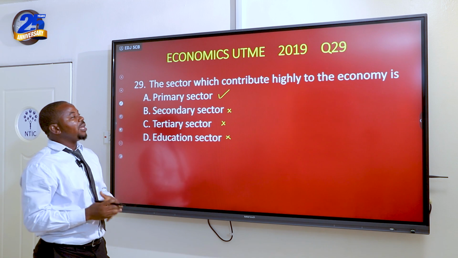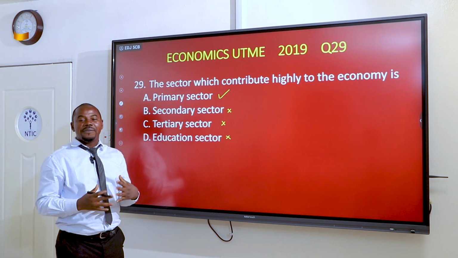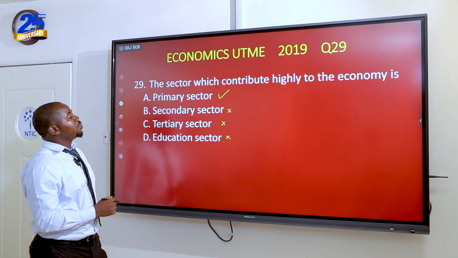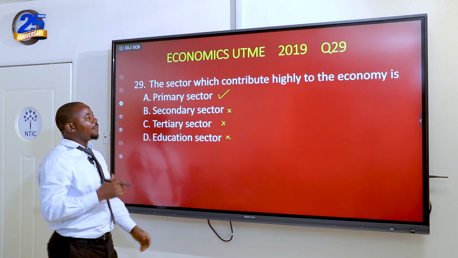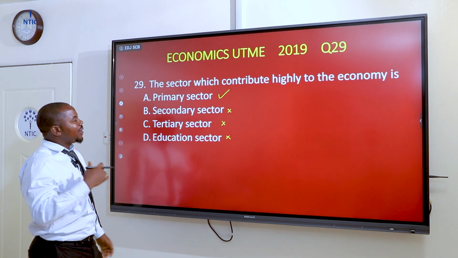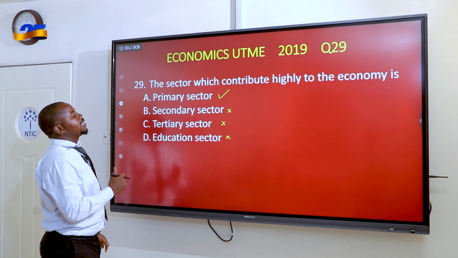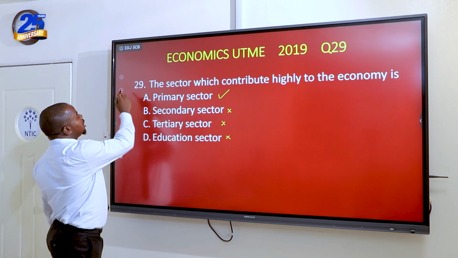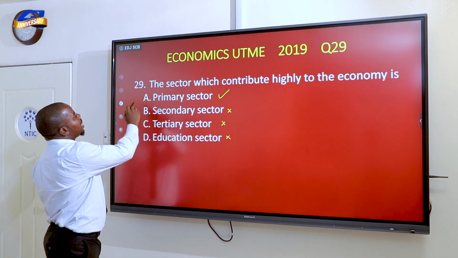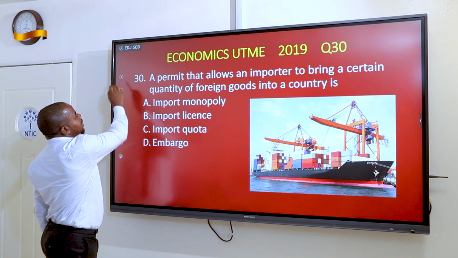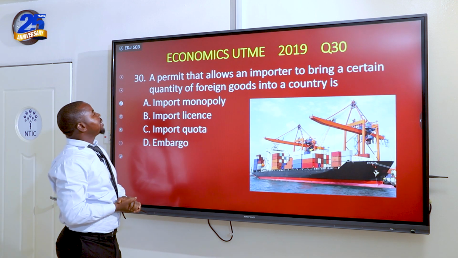That's where you have farming, that's where you have mining, and a whole lot of them, and they contribute immensely. Farming alone, you have fishing, you have livestock. So many people are engaged in it, which helps to boost the GDP of a country. So primary production is the correct answer. Then the next question, question 30.